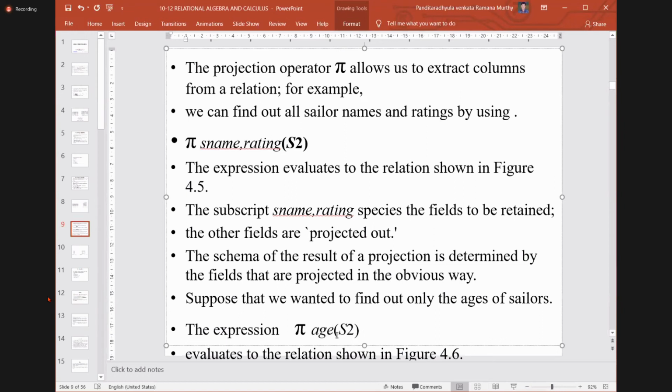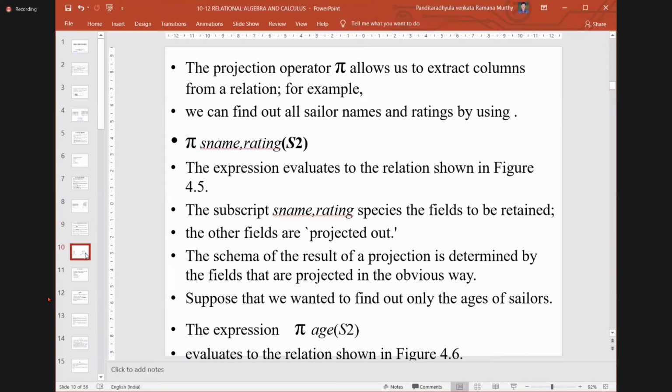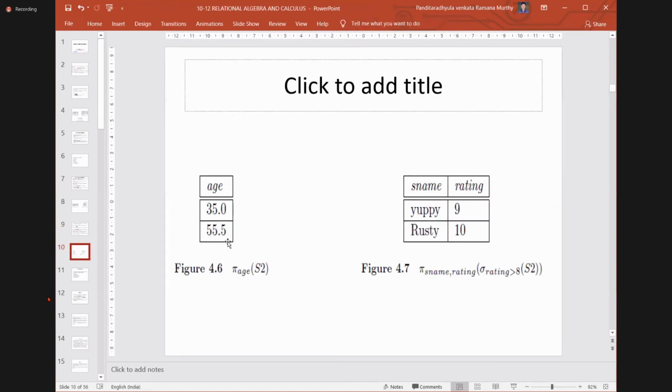Be careful: the age, S name, or rating we provide is the subscript. It is asking the database to retrieve the column age from table S2. If you execute this, you will get the result in figure 4.6.